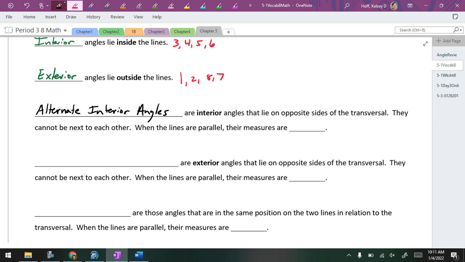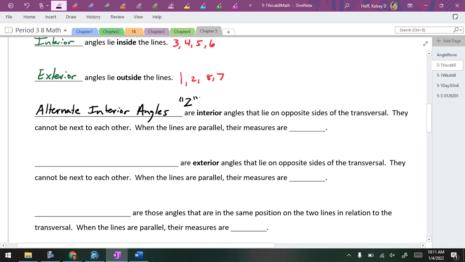Miss Hoff calls these the Z angles. If you trace them, they will form a Z. Now, sometimes that Z looks normal. Sometimes it's backwards. Sometimes it's on its side. Sometimes it's backwards and on its side.